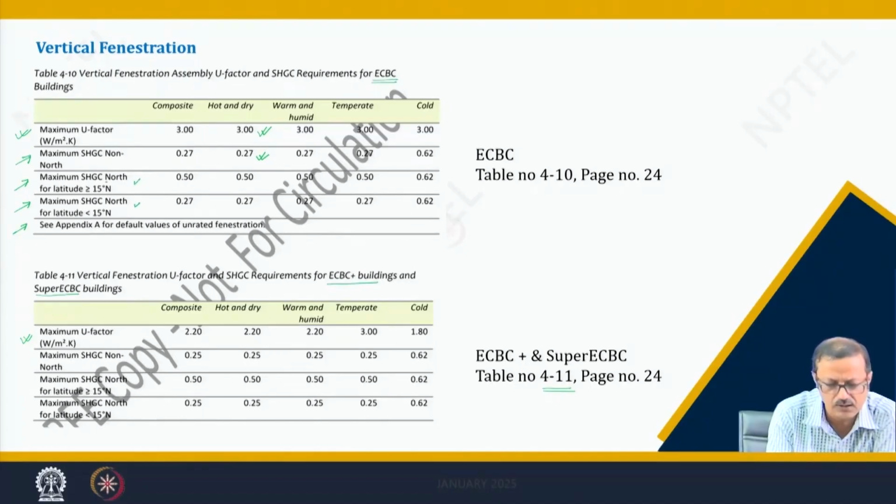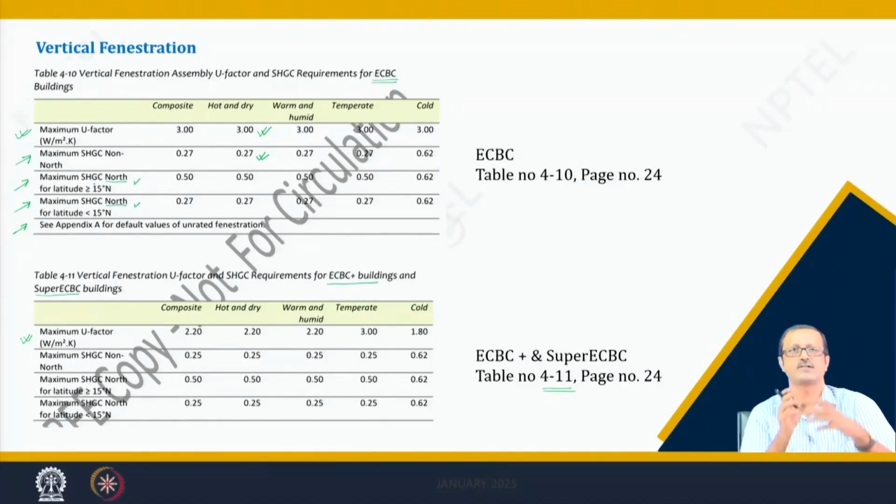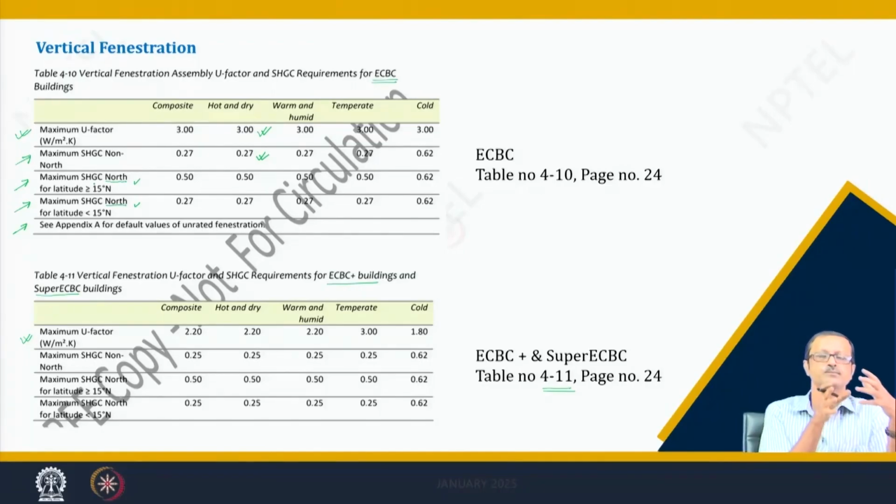This is also for the north and this is also for the north. Now, you have to see the latitude, where your building is located. Is it in Delhi? Delhi is more than 15 degrees north, or it is somewhere down south in the hot and dry climate, maybe the central part of Tamil Nadu or something, then it is less than 15 degrees north. So, based on that you have to choose.